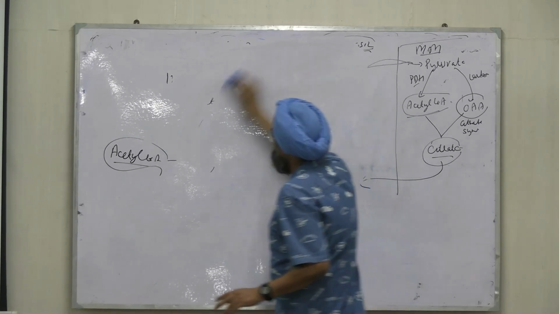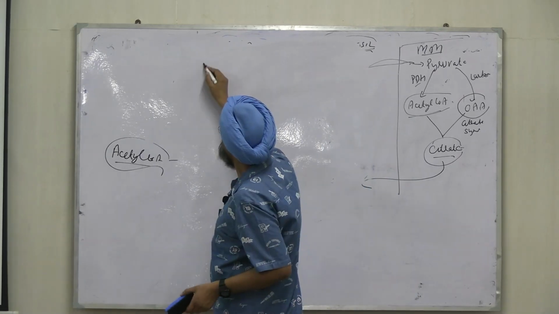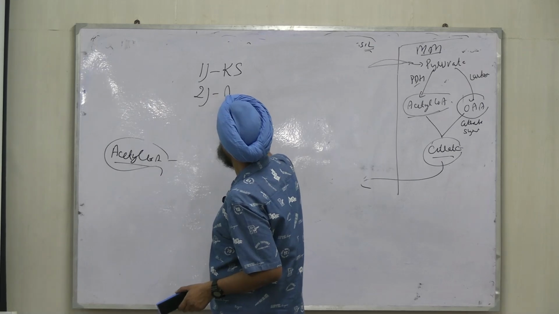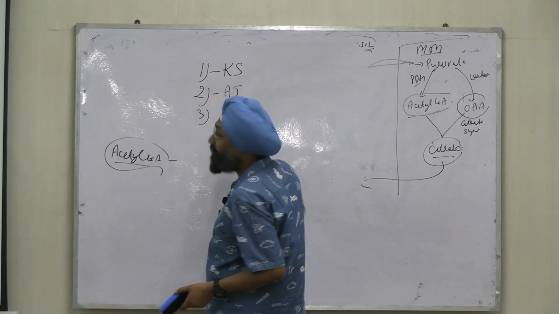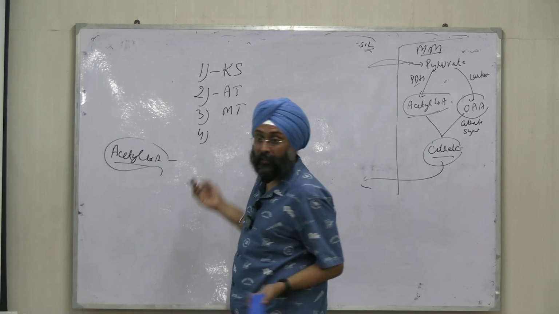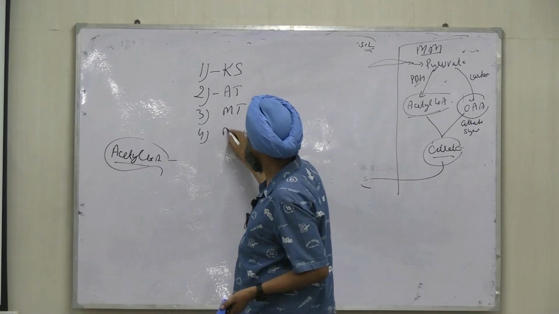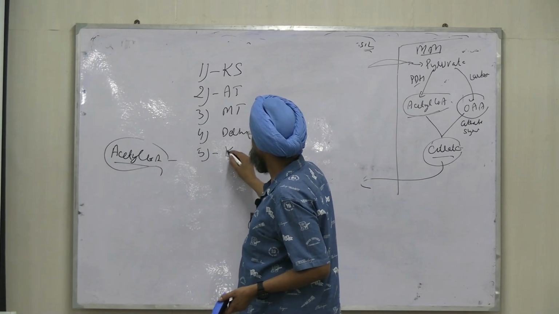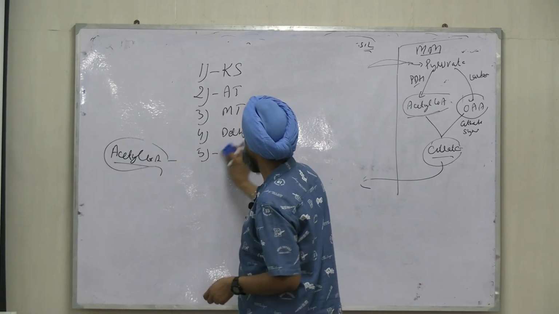So what was the mnemonic? First was KS, second was AT, third was Mother Teresa, fourth was Delhi, fifth was Keto, no sorry, Eno.